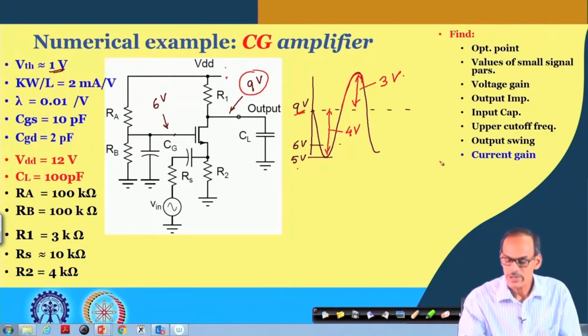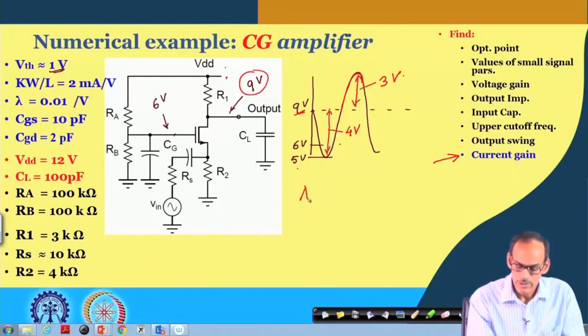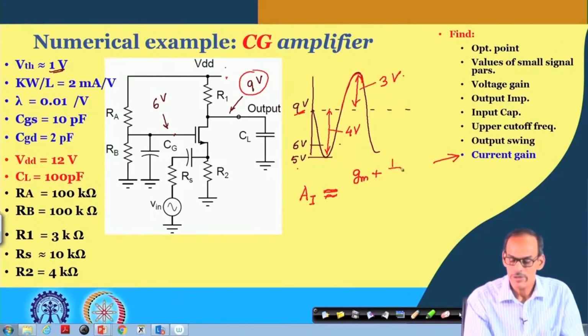Now, the next item is the current gain of this circuit. You may recall from the previous discussion, this current gain is very close to GM, or rather let me write that expression: GM plus 1 by RO divided by GM plus 1 by RO plus 1 by R2.